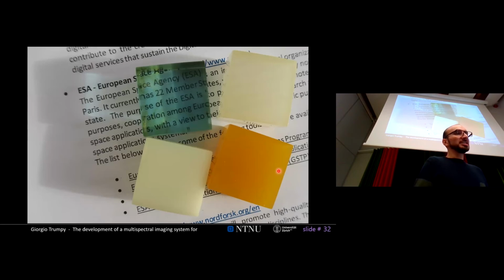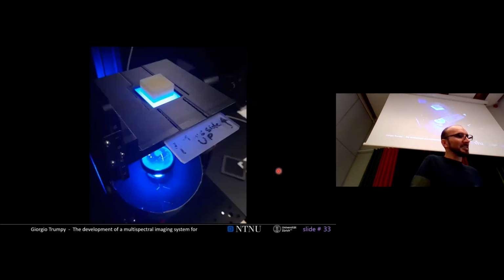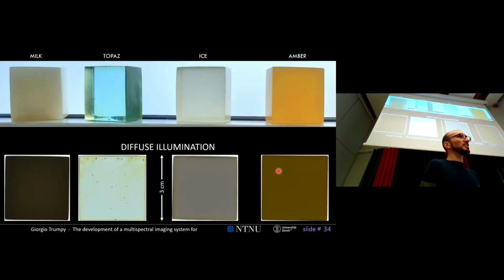I wanted to test this on these samples, just curious to see what's coming out. I put this here on the diffuser. I took a measurement with the diffuser, but also without the diffuser. I used these 4 samples.